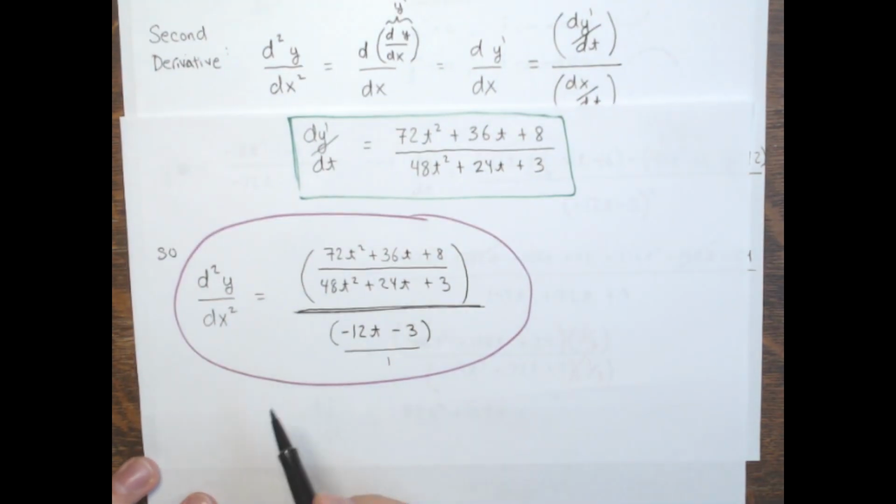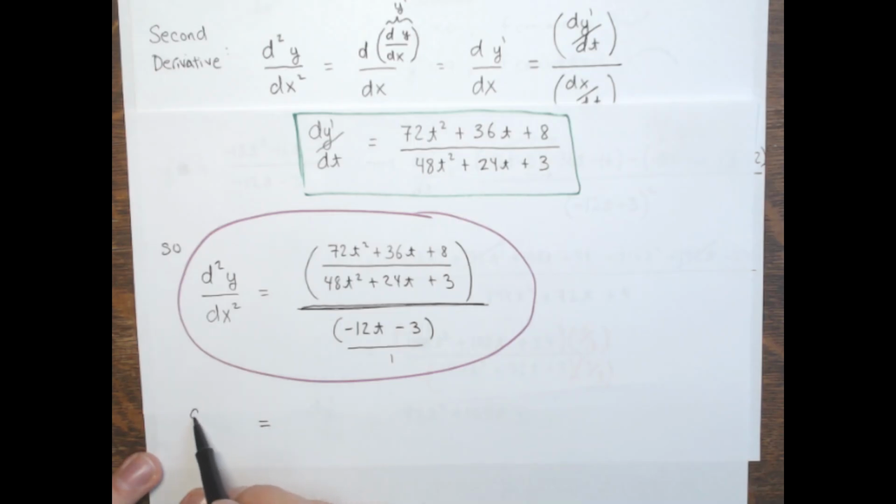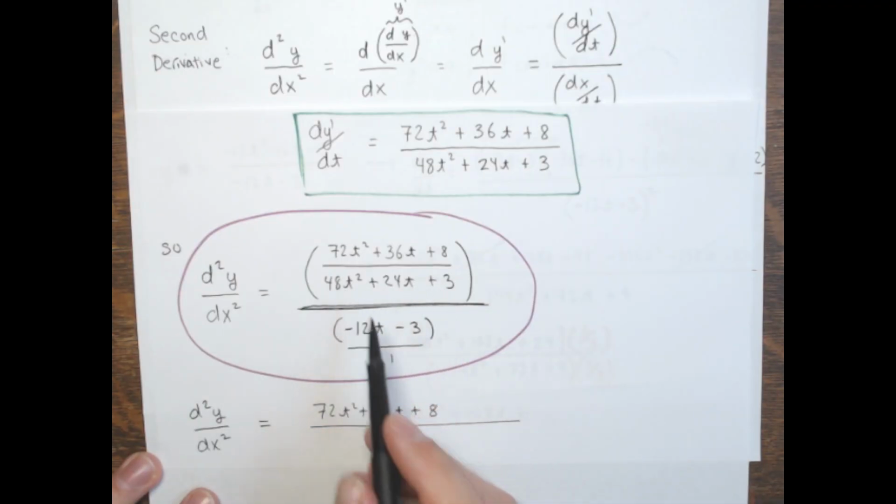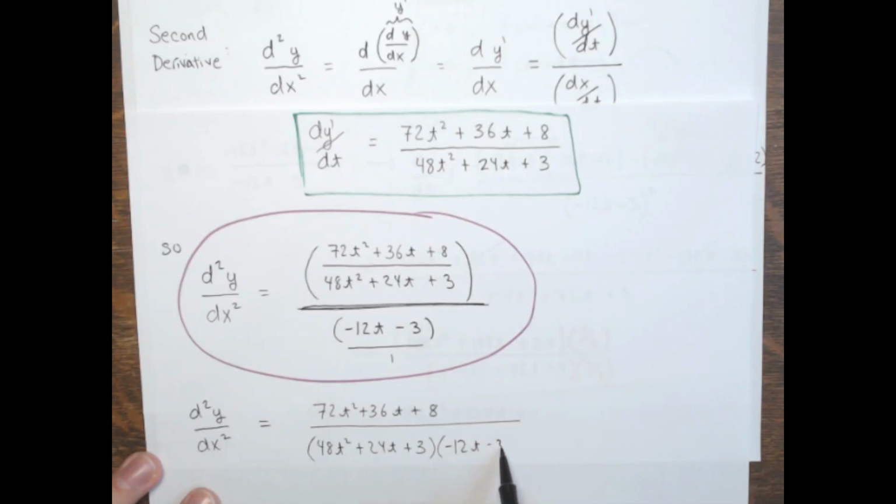So the second derivative of y with respect to x is 72t squared plus 36t plus 8 in the numerator. And the denominator will be the product of 48t squared plus 24t plus 3 and negative 12t minus 3.